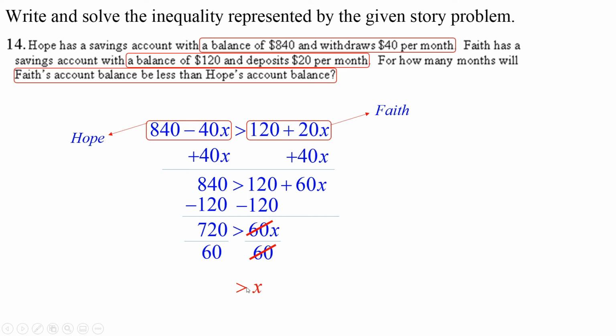So x is less than. And 720 divided by 60 would be 72 divided by 6, or 12. And 12 what? That is months, so 12 months. So x is less than 12 months. So Faith's account will be less than Hope's account for less than 12 months.